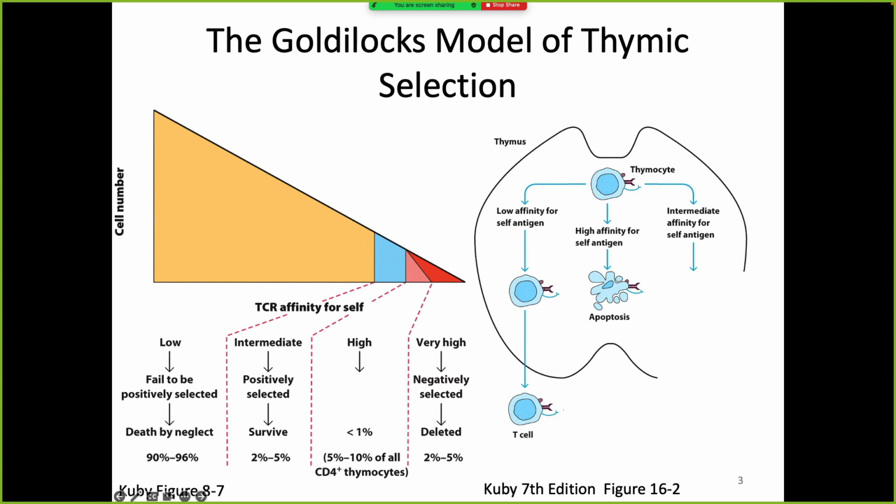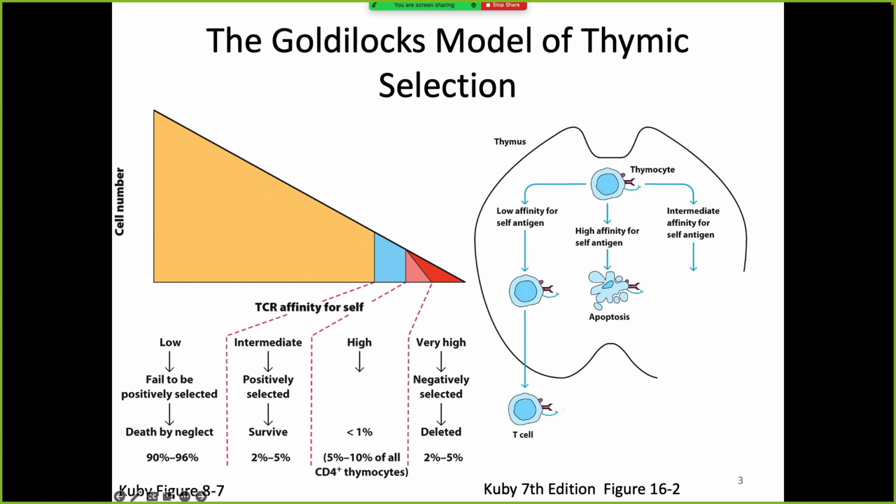However, we do have active cell death in the case of negative selection, where those cells that are getting a very high signal, either because they're binding to absolutely everything really, really strongly, or because they are binding to one thing really strongly, will actively get deleted and will undergo apoptosis to get rid of those self-reactive cells.